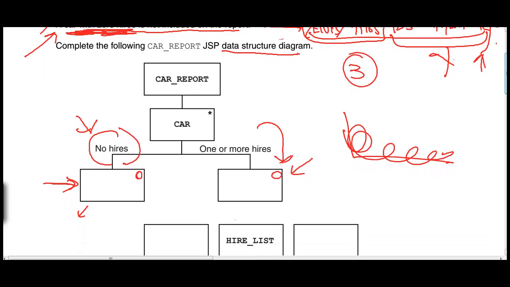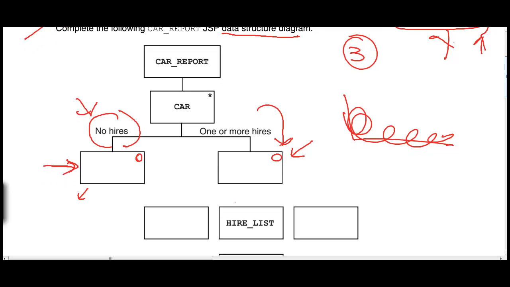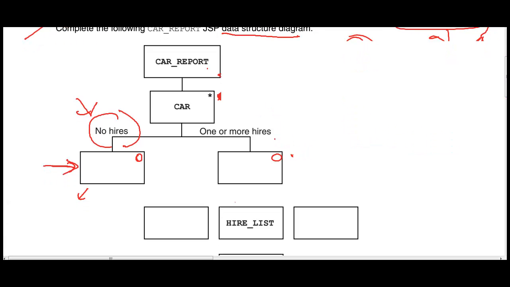Okay, so let's start filling our car report. Remember, our focus is data that is going to be displayed. In a car report, is data about one car going to be displayed, or multiple cars? Data about multiple cars is going to be displayed. So we're going to have repetition here. First, a report about car number 1 to 3.